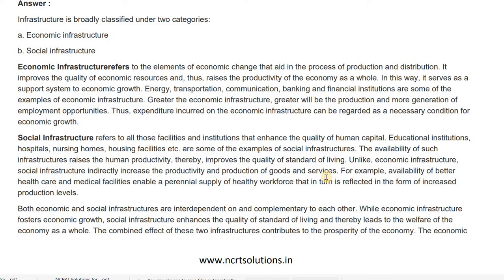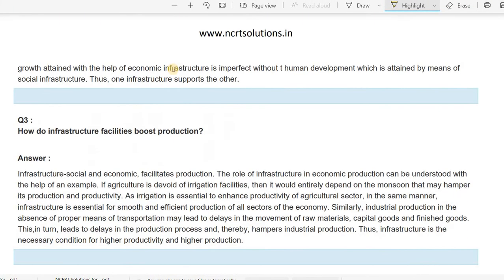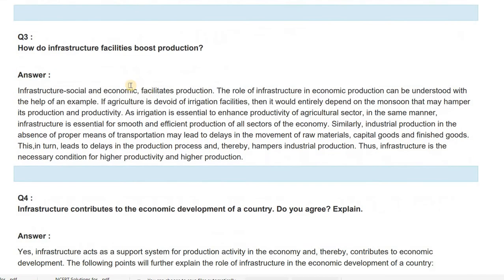Which are the social infrastructures? Educational institutions, hospitals, nursing homes, housing facilities, schools, colleges, all these things come under social infrastructure. Okay, then both are interdependent. Then this one infrastructure supports the other production.